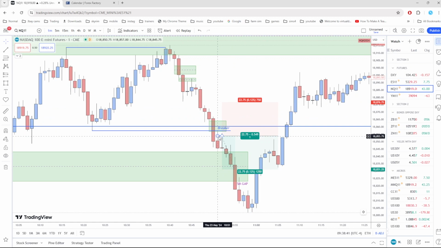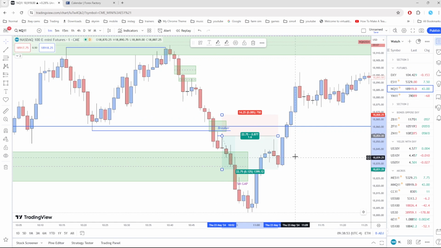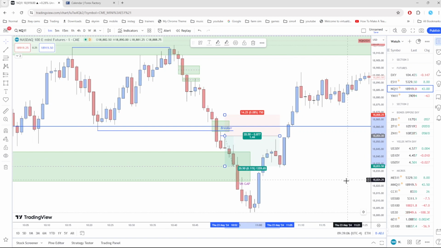So that's a breaker block right there. So wick, fair value gap, breaker block. Stop has to be at the highest one, which would be the breaker block. That's 0.08%. It's a 3.5 handle stop, just about.